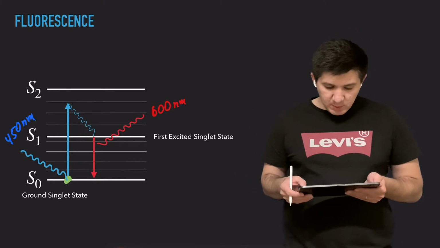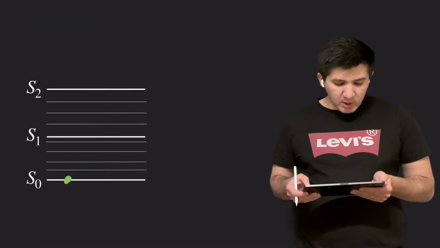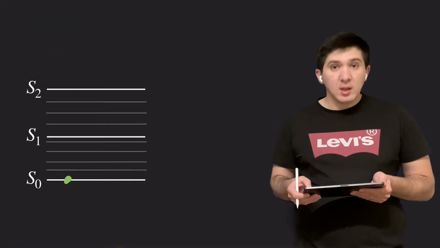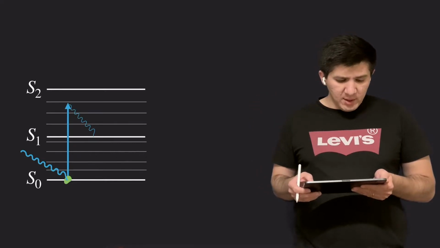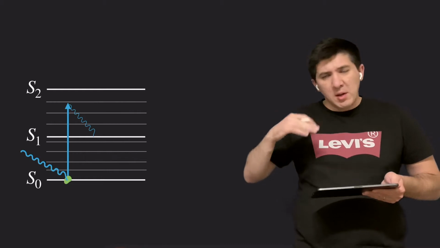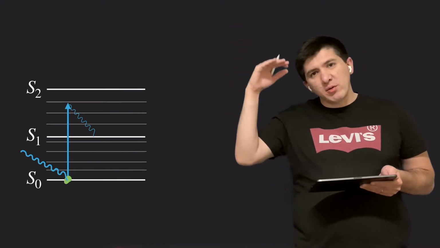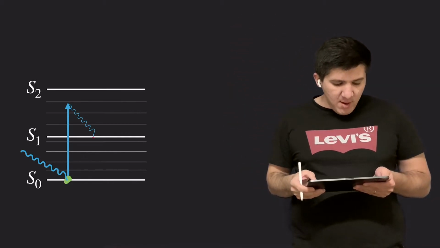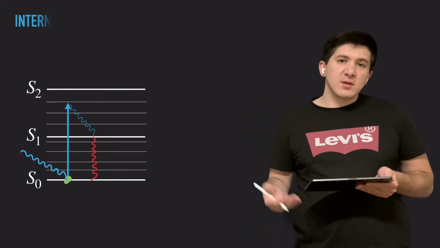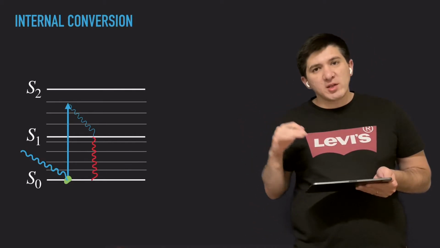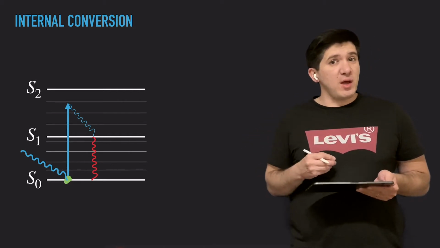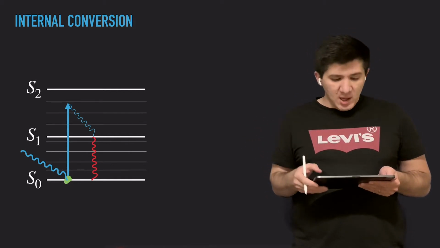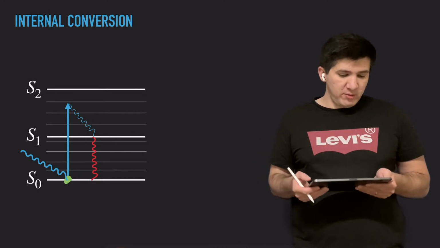It is possible that the molecule is excited to the first energy level, and then it goes down to the ground state through the vibrational states. This transition from the first energy level through the vibrational states is called internal conversion.